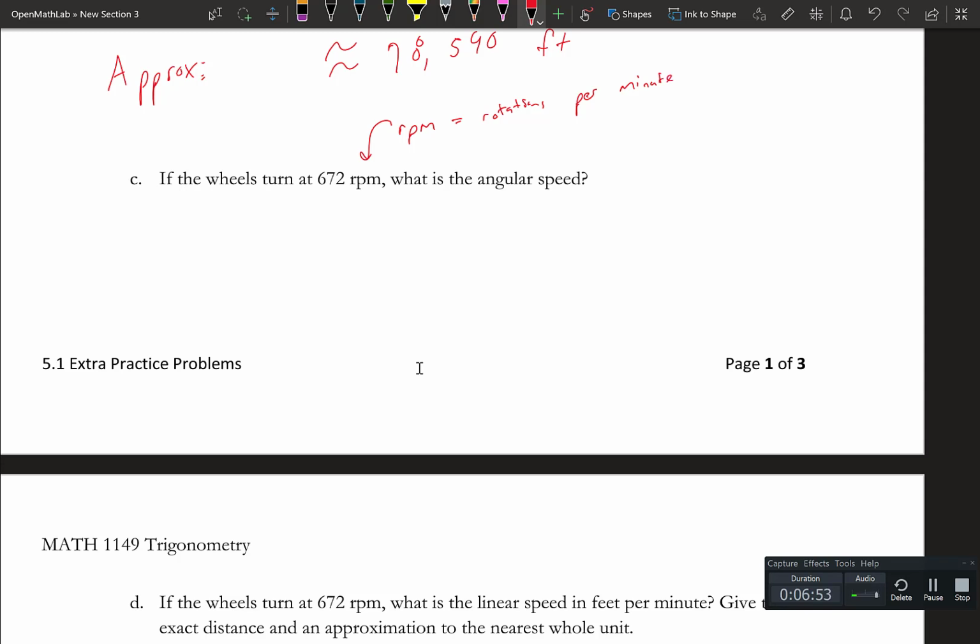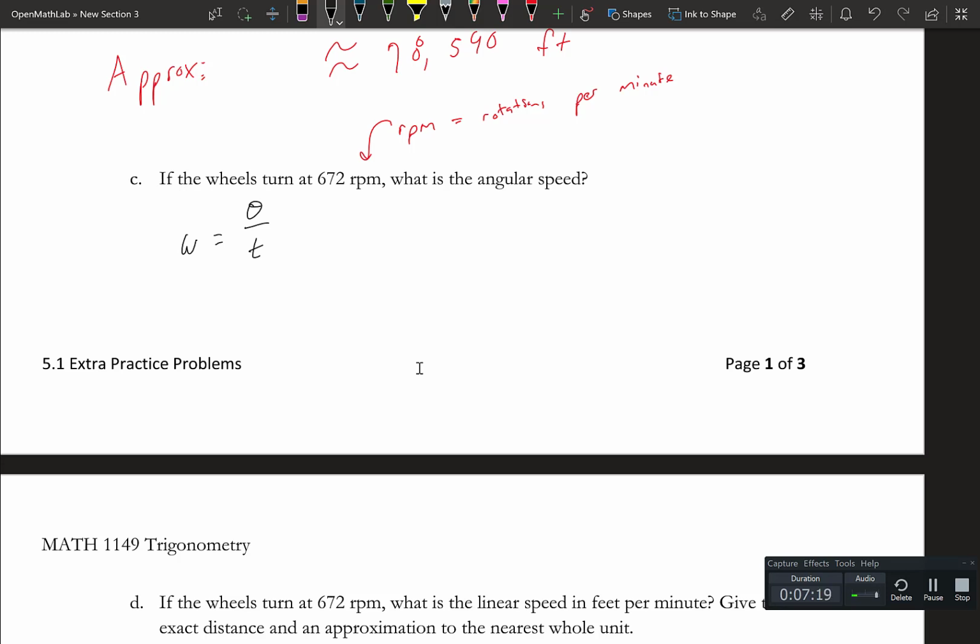So remember, for angular speed, we have omega equals theta divided by t, right? Excuse me, that's theta. So what we need to do is figure out what theta would be.